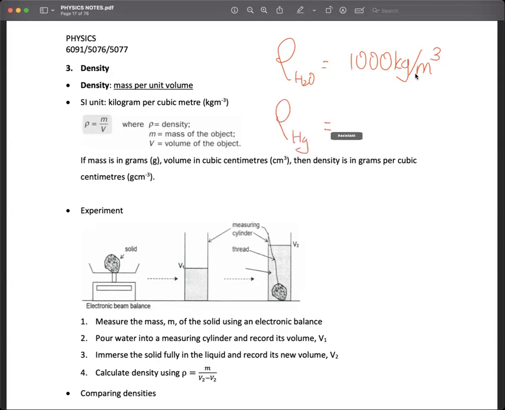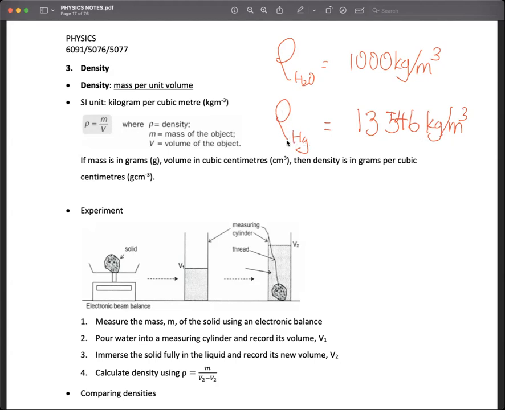The density of mercury is about 13,500 kilogram per meter cube. So this is something that you need to know. So 1 meter cube has this amount of mass in it.